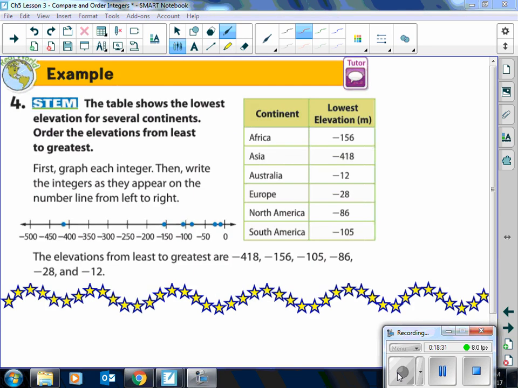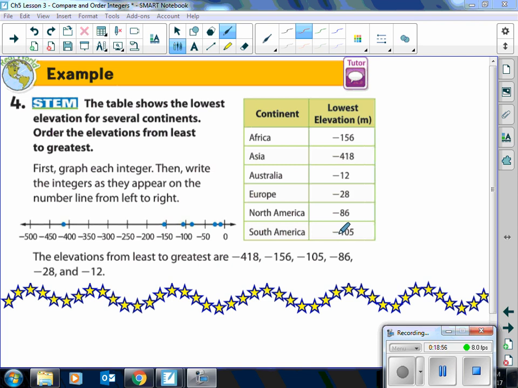So example 4 says the table shows the lowest elevation for several continents. Order the elevations from least to greatest. So here they graphed it on a number line. Okay? We have all negative numbers. So you can graph them on a number line, or you can just say all negative numbers.